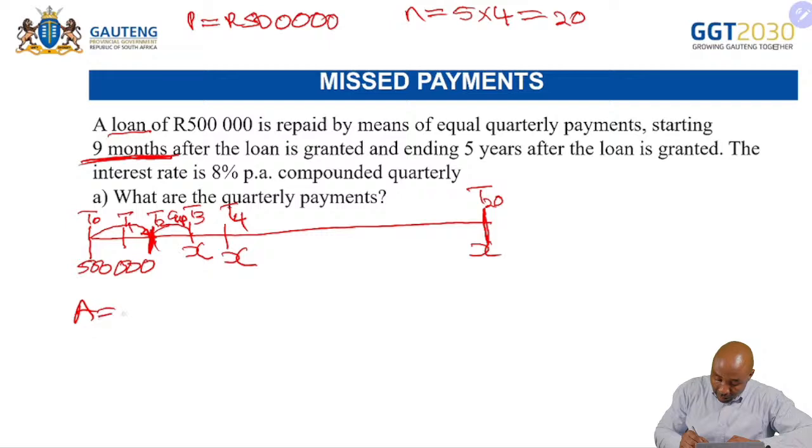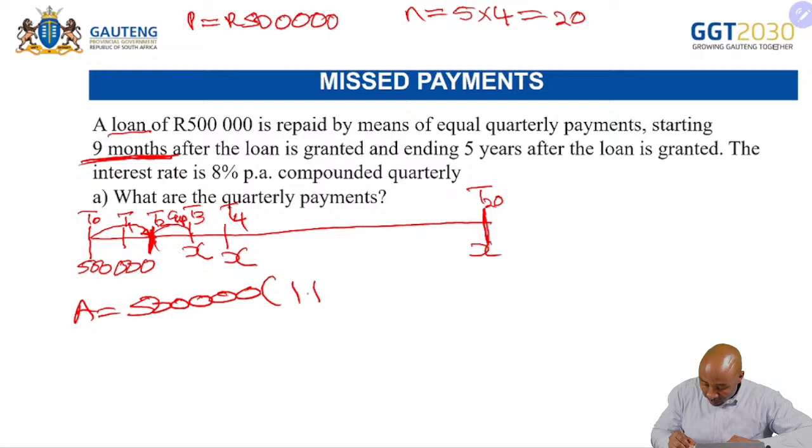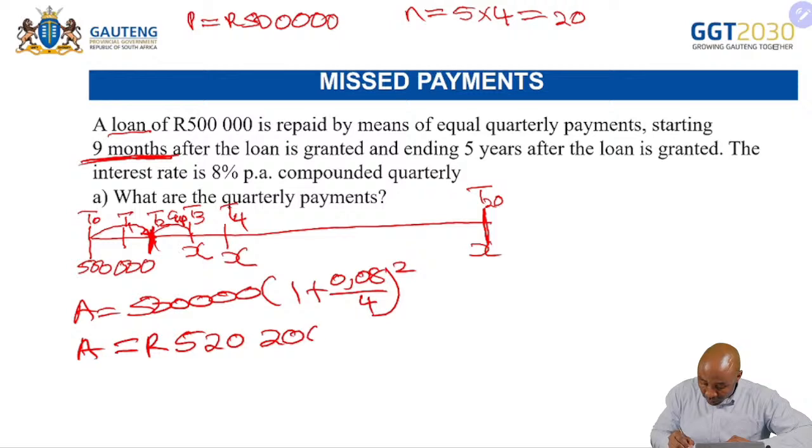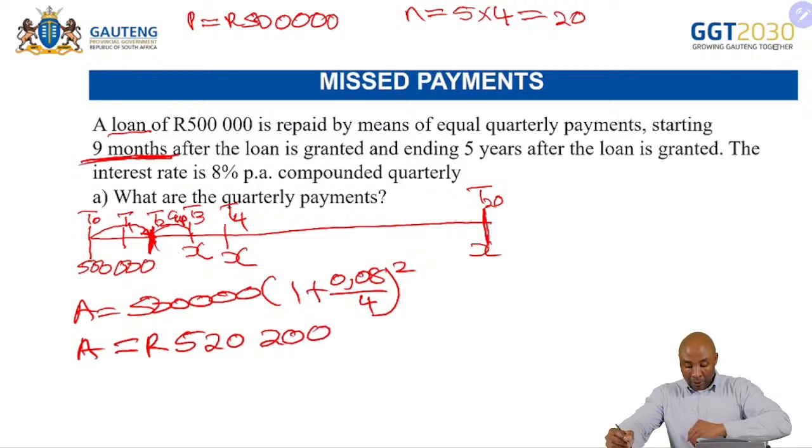So we'll have A is equal to 500,000, 1 plus our interest, it's 0.08 compounded quarterly over 4, and this is to the power 2, and this will give our A as 520,200.